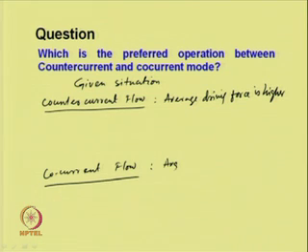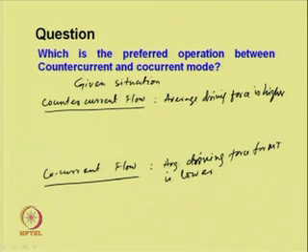Average driving force for mass transfer in co-current is lower compared to counter current flow.